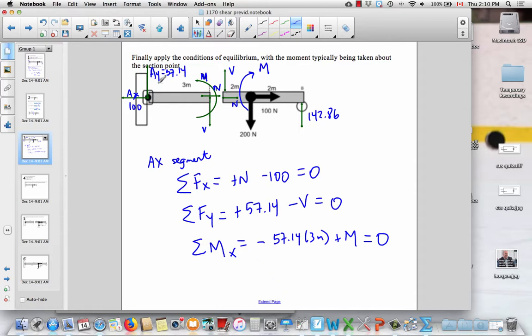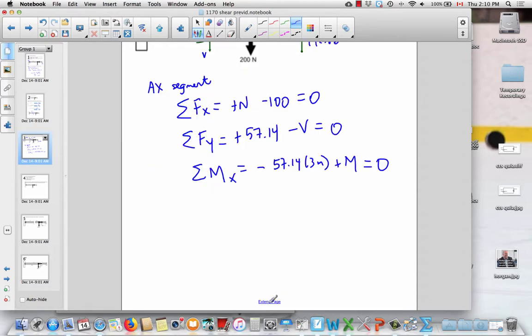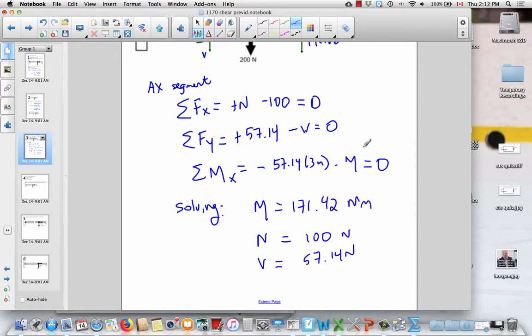Those are all the forces and moments that are acting on this piece. And so now we can solve. These equations are fairly straightforward to solve. So we get, first of all, the bending moment. Sorry, sometimes my tablet acts up a little bit, but there are the values at that point, 3 meters from the pin.